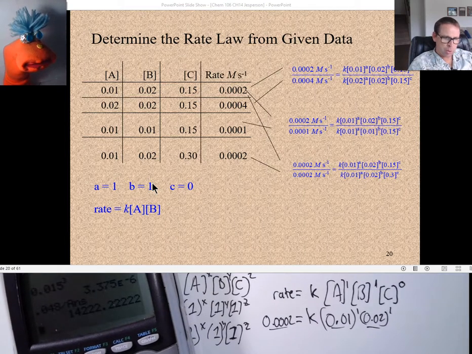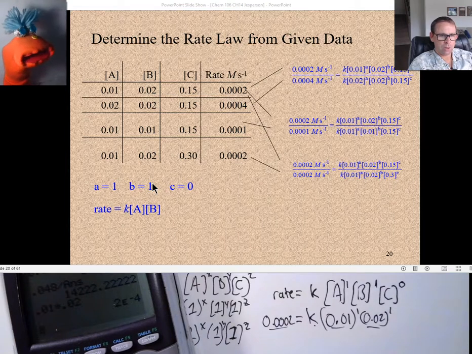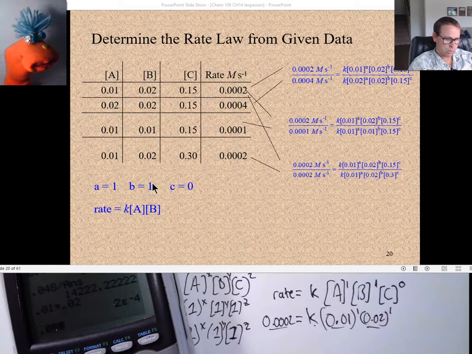And so I got 0.01 times 0.02, and that equals 2 times 10 to the minus 4. So that shows that k equals what? Is that 1? That's right. So 0.0002 divided by our answer here, and we see that k is 1.